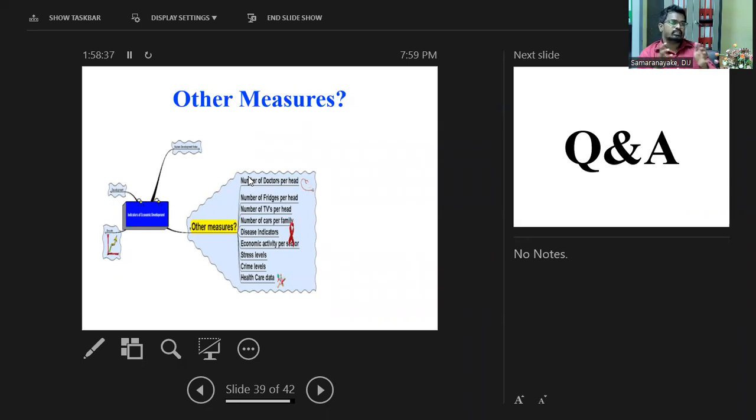All of this is very important when we think of economic development. That's why, once we consider economic development, we have to consider all such dimensions, basically starting from economic growth, human development, and also other measures.